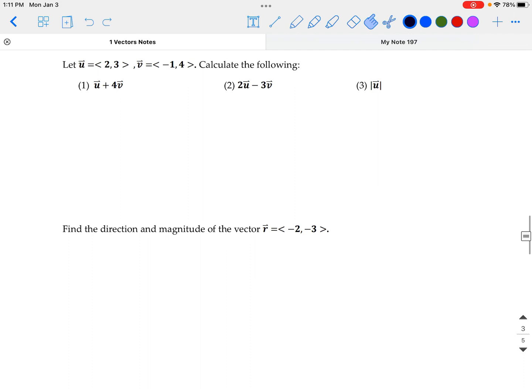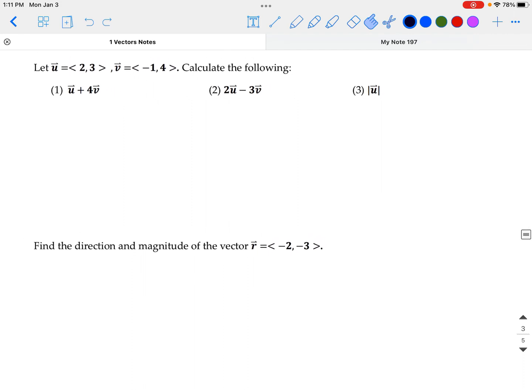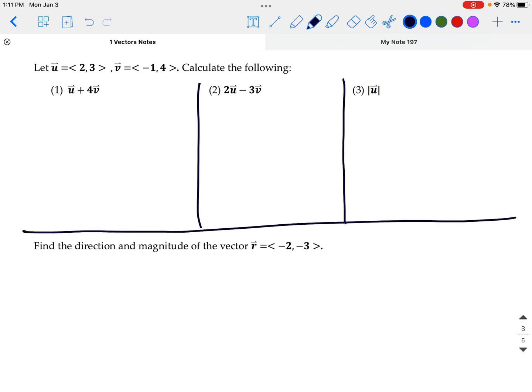All right, let's get into a little bit of practice here. Go ahead and maybe pause the video and do these calculations on your own. We'll jump into these as well. So u plus 4v: that's going to be 2, 3 plus 4 times v, which is the vector v multiplied by 4, giving negative 4 comma 16.